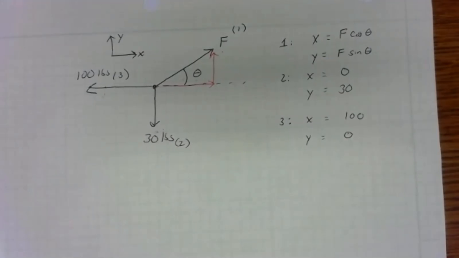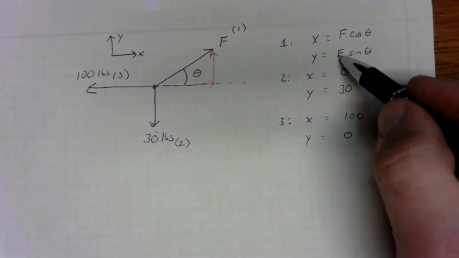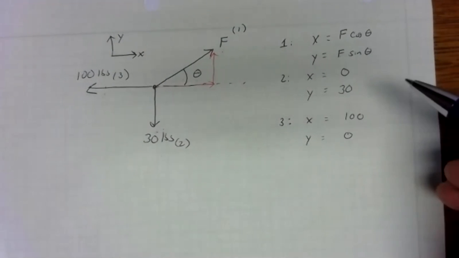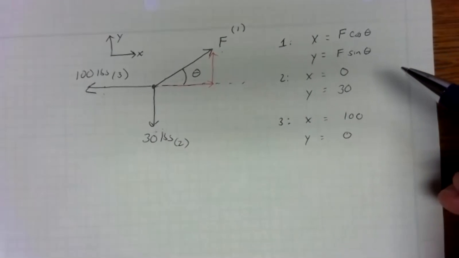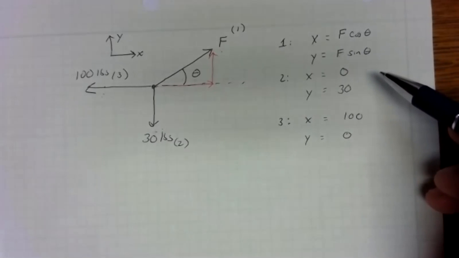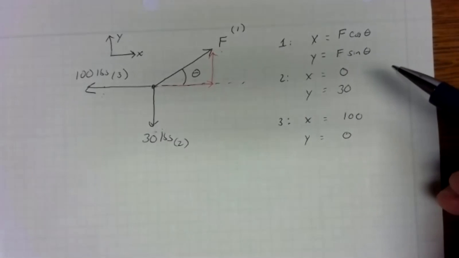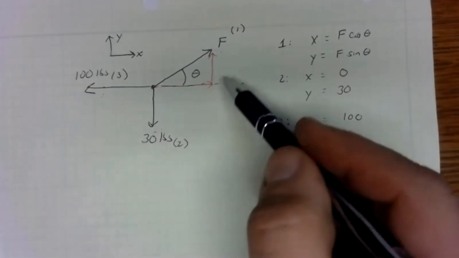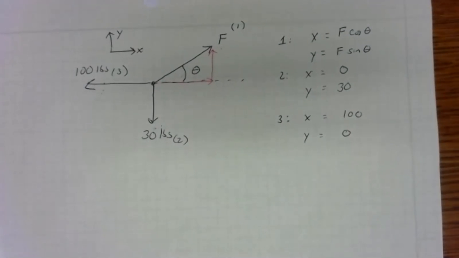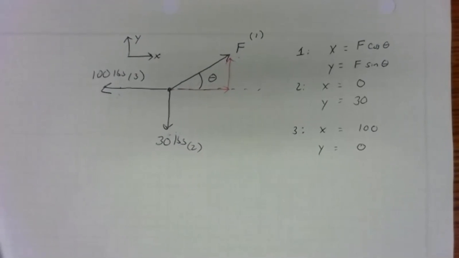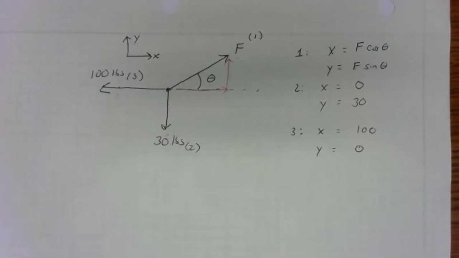The way we've got this set up, if we use our two unknowns together, we've created what we call a nonlinear equation. Whenever you multiply two unknowns together, it makes it a lot harder to solve the equations. So the better approach here, when you know nothing about the vector, when you don't know magnitude or direction, is to treat the components as your unknowns and then build the magnitude and direction later on.